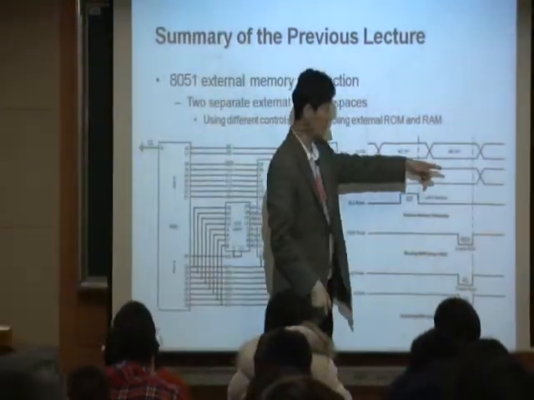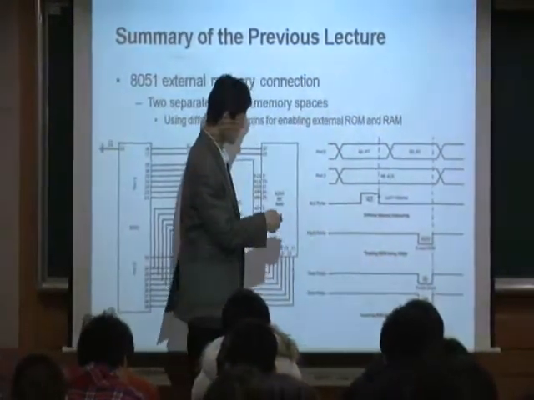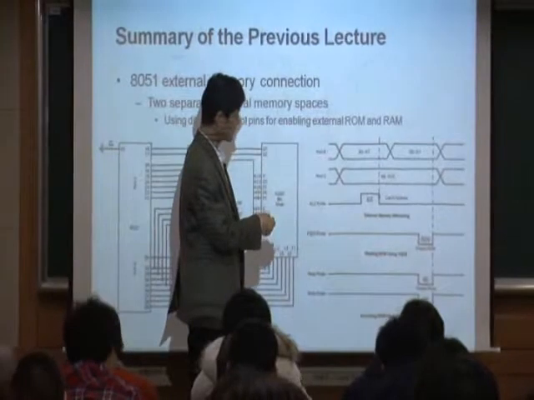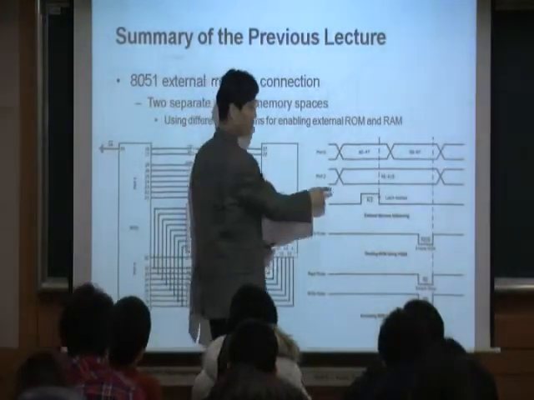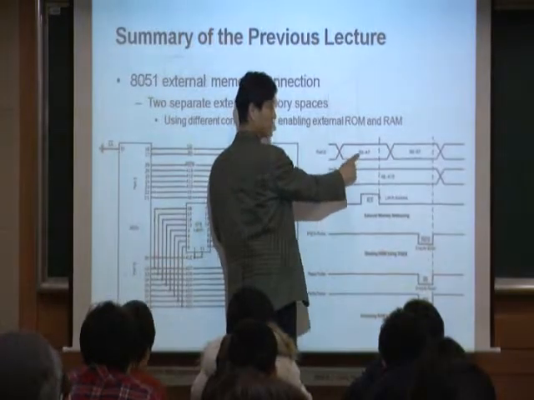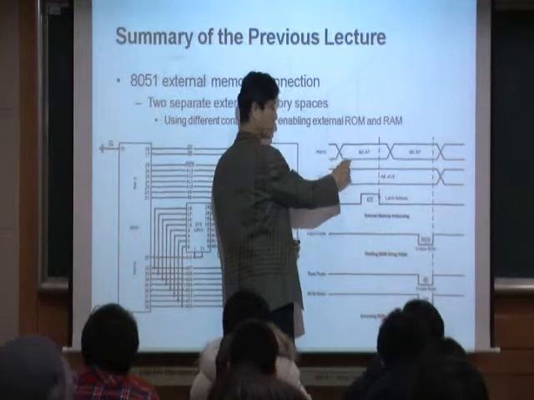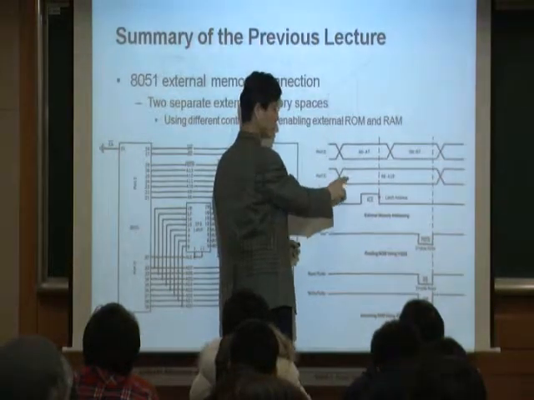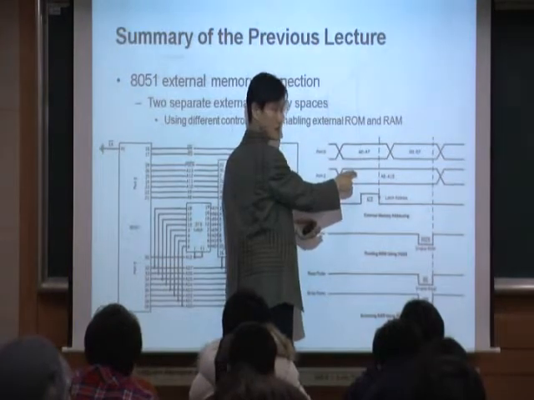This is time, if you go that way. Right here, for both port 0 and port 2, we first send out the address. It's a 16-bit address. From A0 to A7, the lower 8 bits use port 0, and the higher 8 bits go to port 2. If you put these together, it's 16 bits.